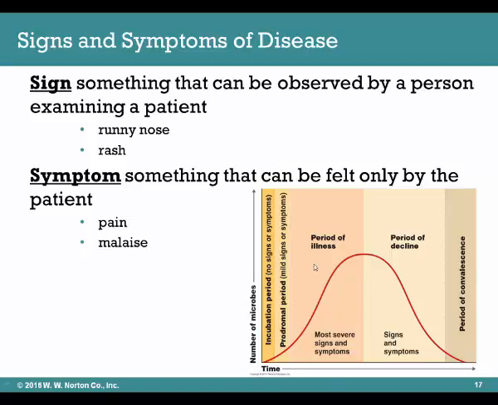And then you get sick, your period of illness. That's when, as you can see by the red line peaking here, you're getting the most severe signs and symptoms. Your body, or with the help of medication, may then enter a period of decline where you're feeling better, with fewer signs and symptoms.